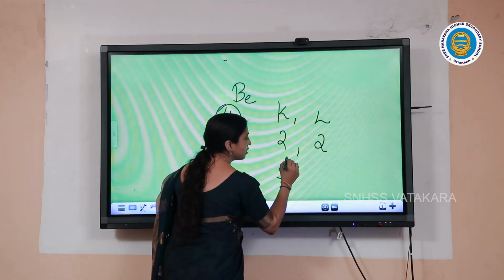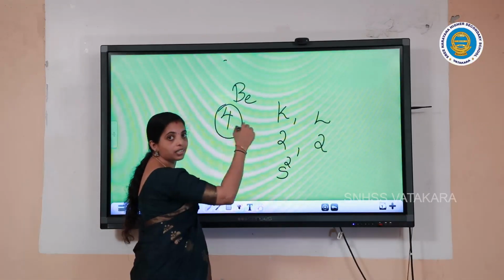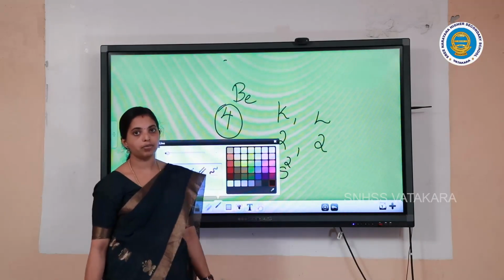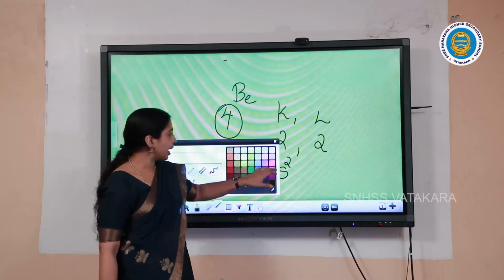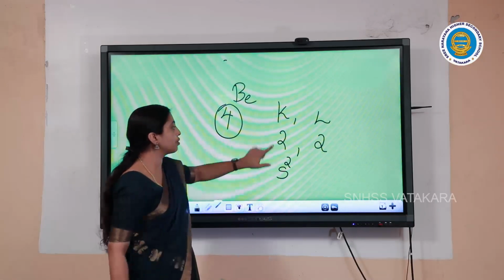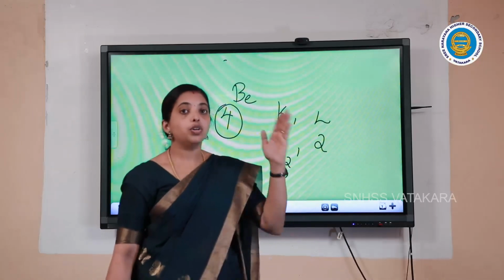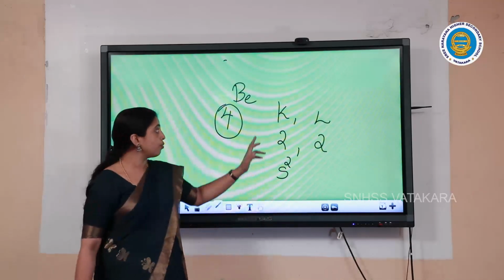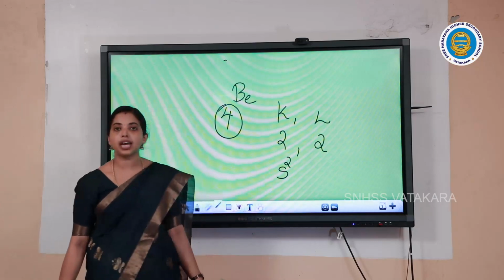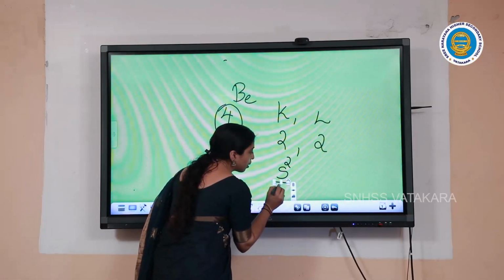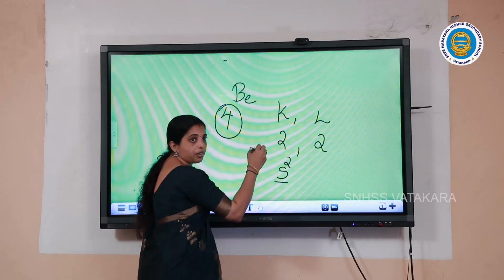So you write it in superscript. Always write in the superscript. So S2. When you are writing the subshell electronic configuration, you want to write the number of the main shell on the left side, which indicates which shell this subshell belongs to.